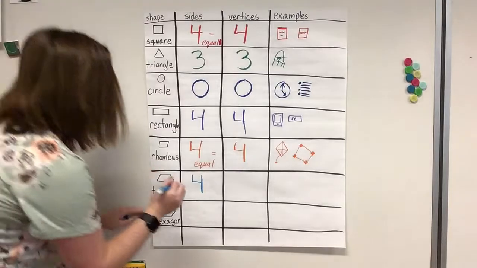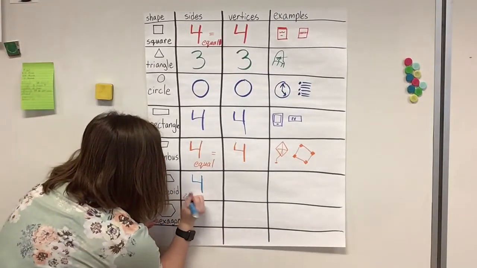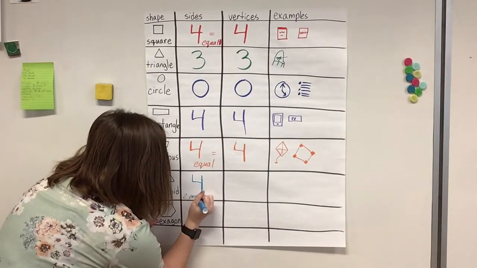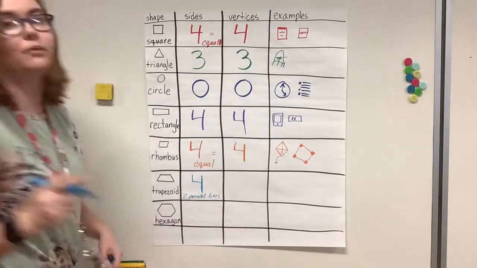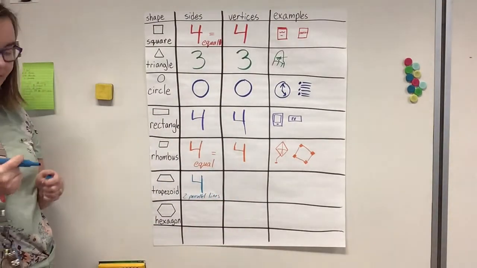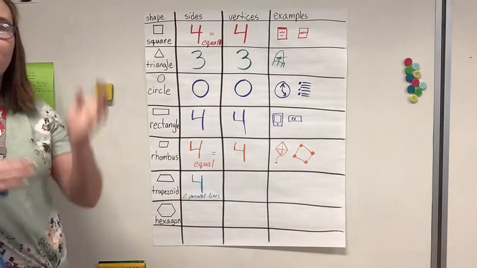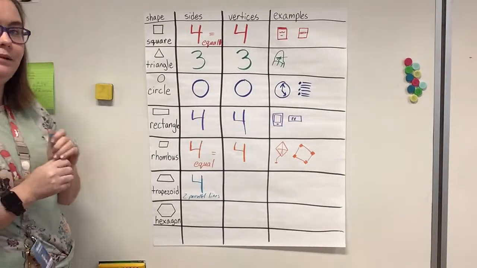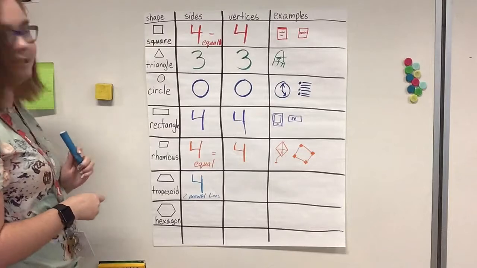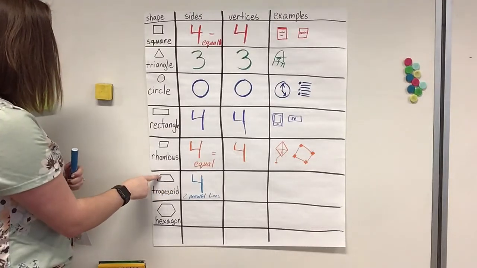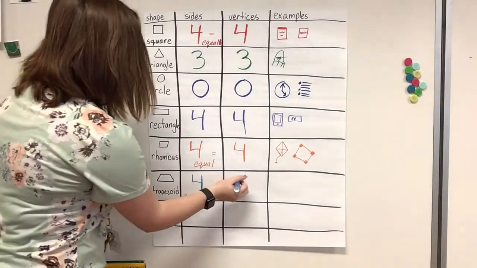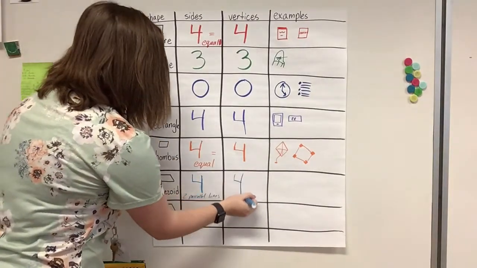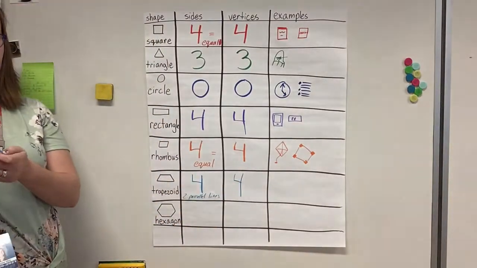So, we're going to write 2 parallel lines on here to help us remember what makes a trapezoid different. Let's count how many vertices we have, how many times we have 2 sides coming together. 1, 2, 3, 4. Good job. 4 of those.